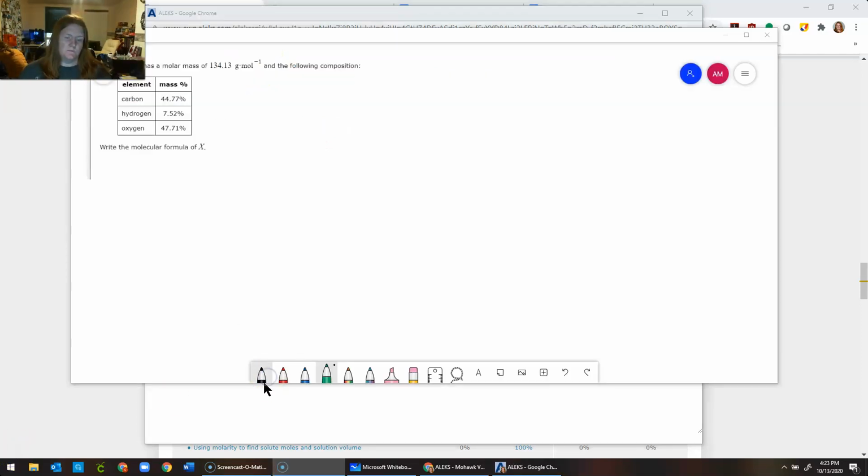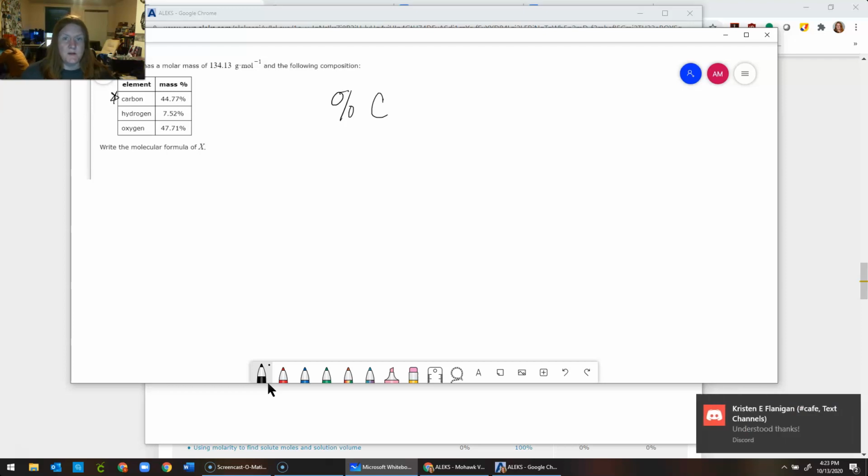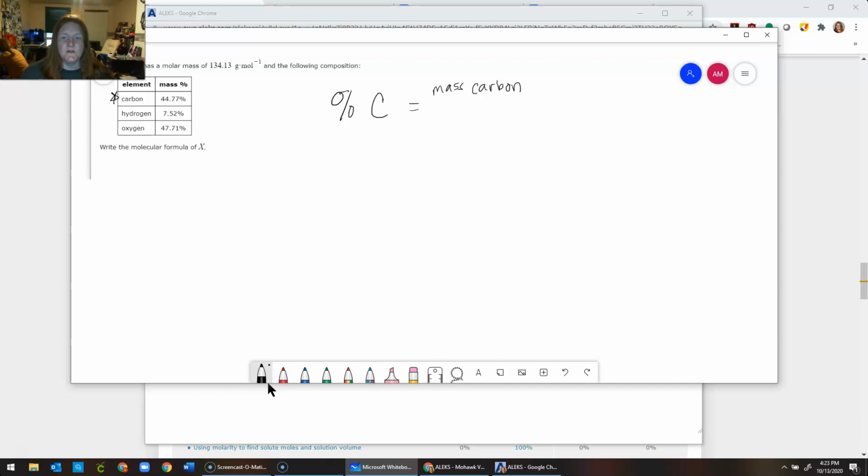So the formula that I gave you in the lecture notes for percent composition, as an example, we'll just work through carbon, but the same formula applies to any element in a given compound. The percent composition is equal to the mass of that element, so the total mass of that element in the compound, divided by the total molecular weight, which you'll remember we also call molar mass, formula weight, a bunch of things.